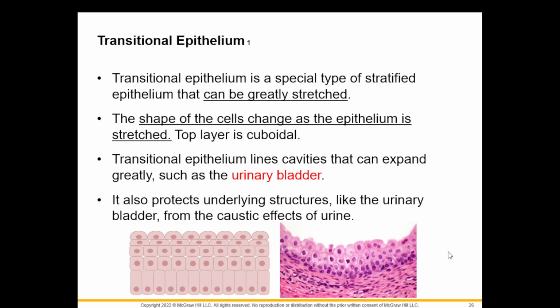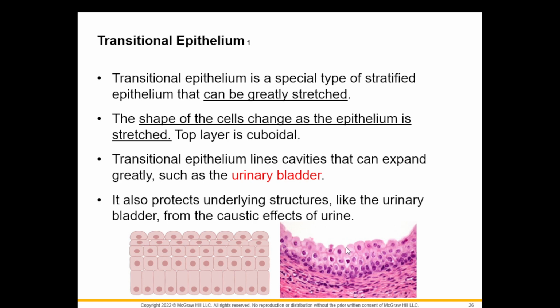Next is another special type of stratified epithelium, and we call it transitional epithelium. It is called transitional epithelium because it's able to change shape. So, when it is stretched, it changes its shape. Commonly, when it is not yet stretched, the cells appear cuboidal, as you can see here.